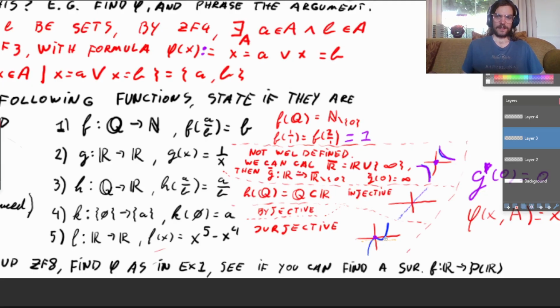You can use 0, for example, find where it is 0, and then we can do that very easily. It's x to the 4th times x minus 1, so it's 0 at 0 and 0 at 1. So f of 0 is equal to f of 1 equals 0. So this is no bueno for an injective function. But it does see every element in R, so it is surjective.